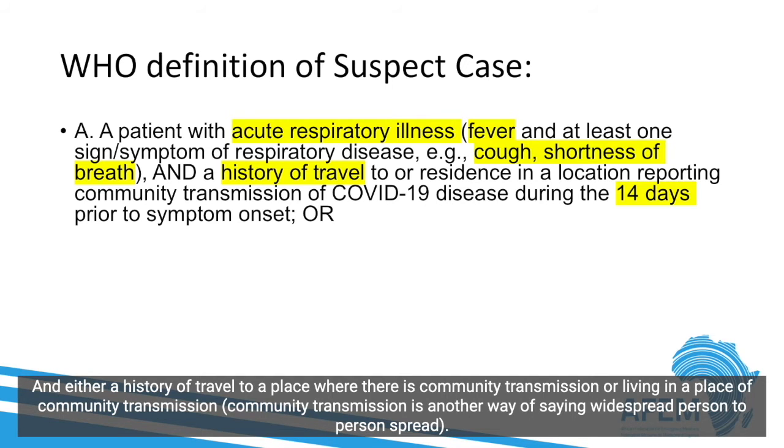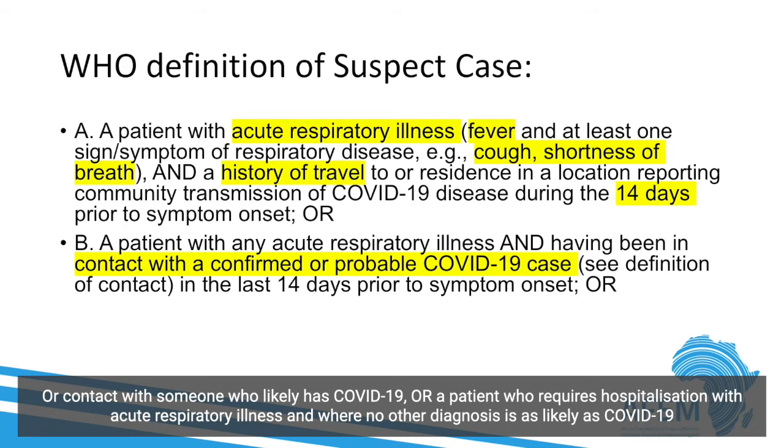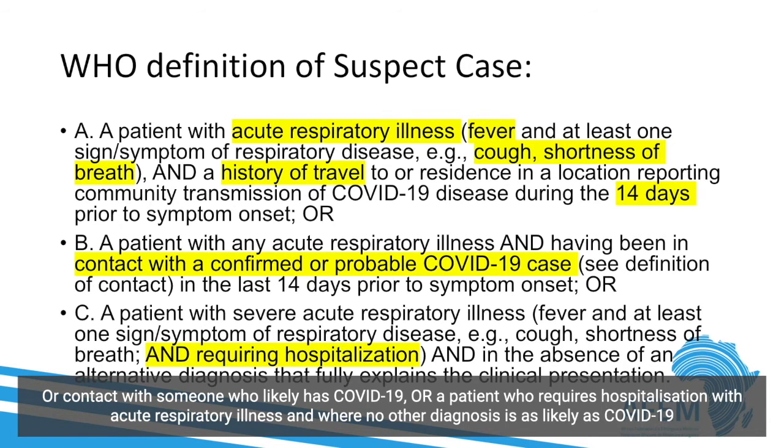Community transmission is another way of saying widespread person-to-person spread. It also says contact with someone who likely has COVID-19 or a patient who requires hospitalization with acute respiratory illness and where no other diagnosis is as likely as COVID-19 is.